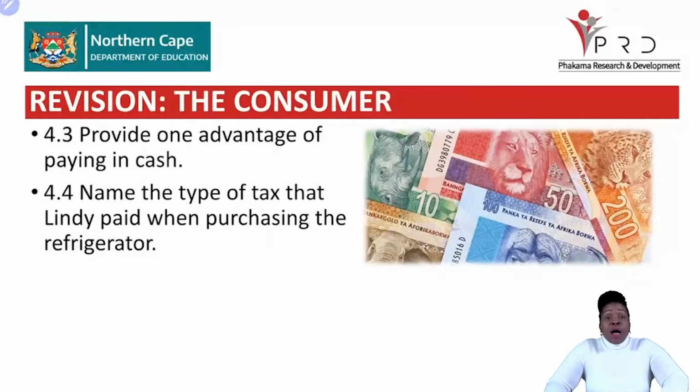Question 4.3 says provide one advantage of paying in cash. From the scenario, it says that Lindy paid cash for her refrigerator. So give one advantage of paying in cash. And then 4.4 reads, name the type of tax that Lindy paid when purchasing the refrigerator. Another 2 minutes for you to attempt the question.